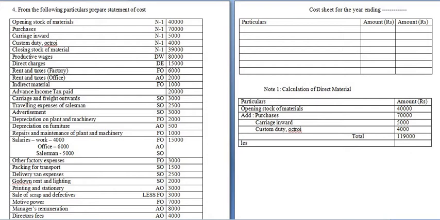Okay, now deduct, less closing stock of materials, 39,000.